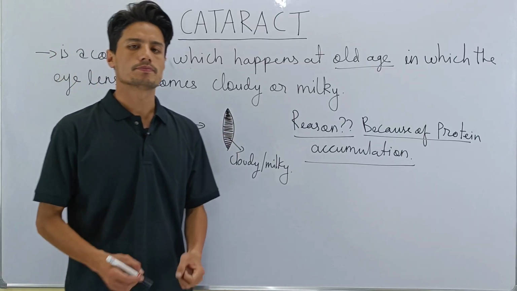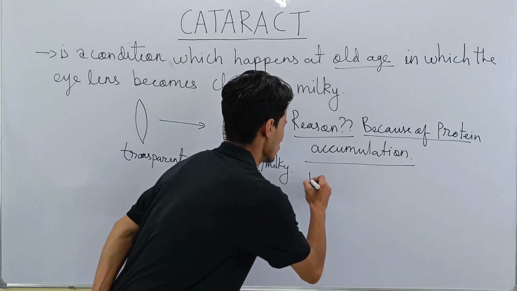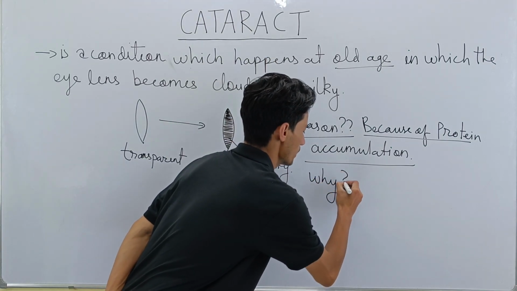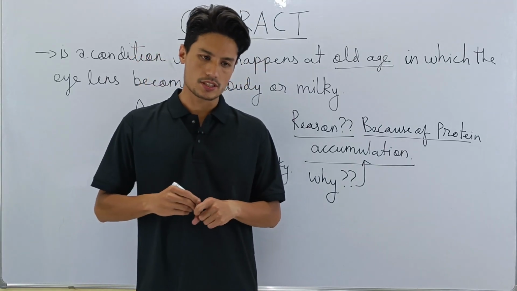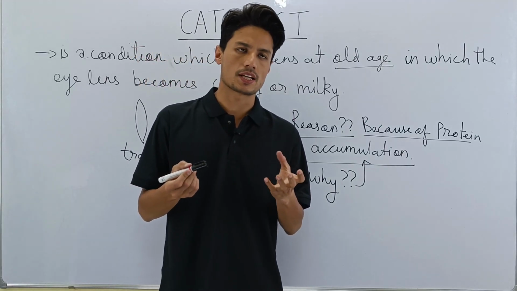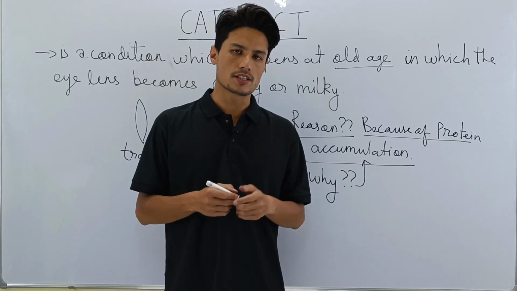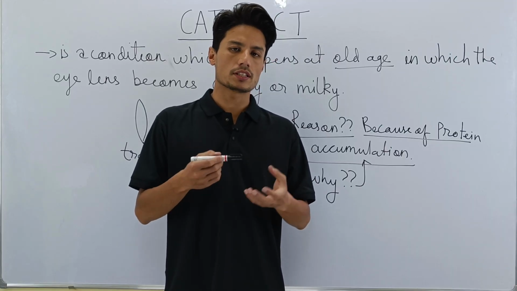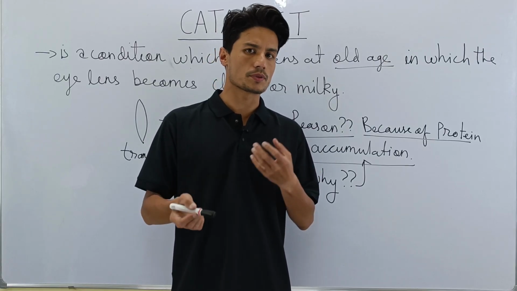Now why is it even happening? Why is this protein accumulation taking place? The answer is very practical. As long as we are young and energetic, we eat food and get a lot of protein from it.